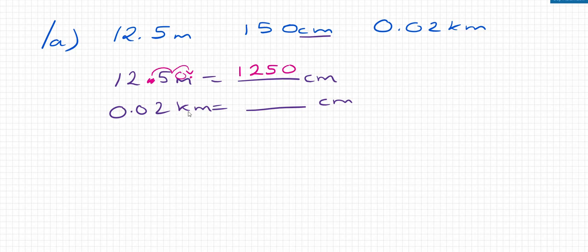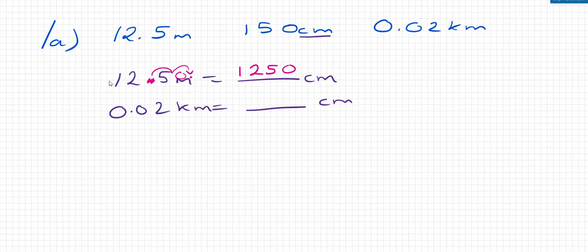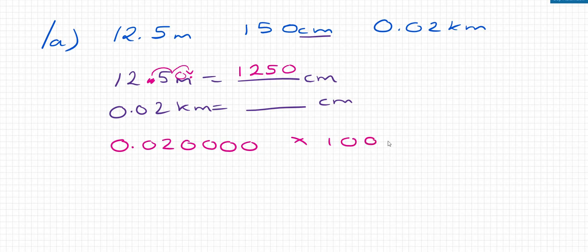And I'll convert my kilometers into centimeters. So if I'm going from kilometers to centimeters, I have to times by 1,000 and then times by 100. So altogether I have 5 zeros, that's 100,000. I'll just do this one down here and add in some zeros. So times by 5 zeros, 1, 2, 3, 4, 5.